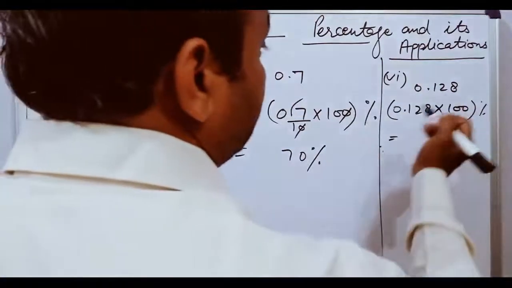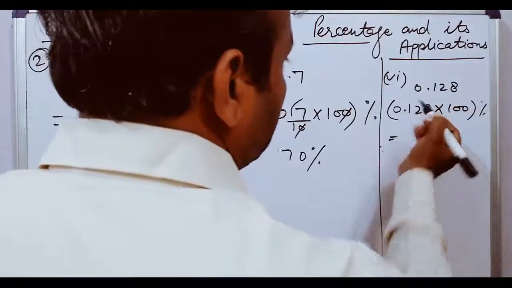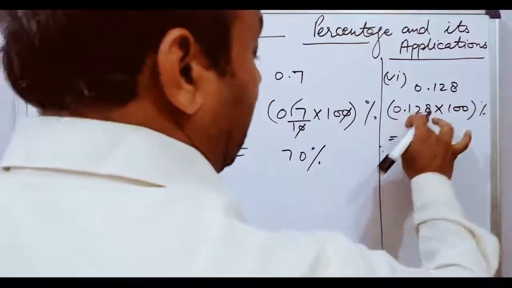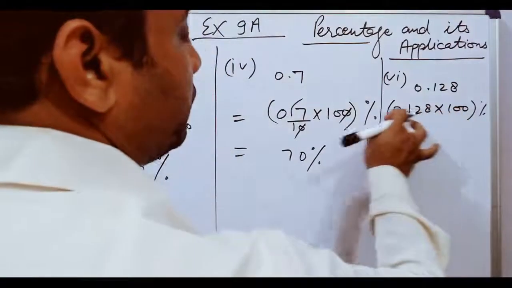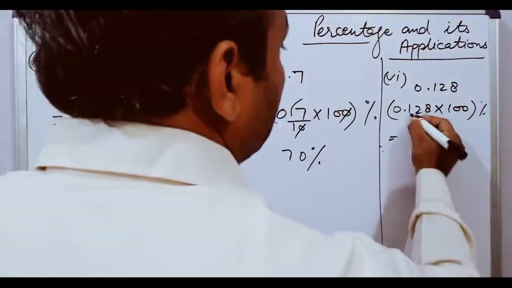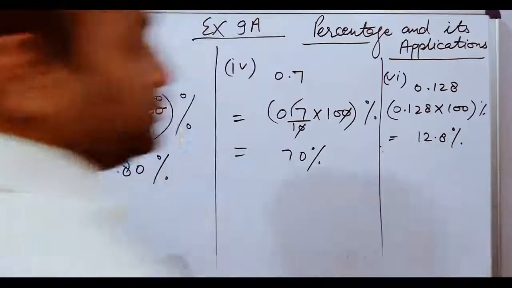Okay, if we multiply by 100, then the decimal will go 2 places to the right side. Okay, and when we divide, then the decimal will go to the left side 2 digits. So it is 12.8%. Okay, this is the answer.